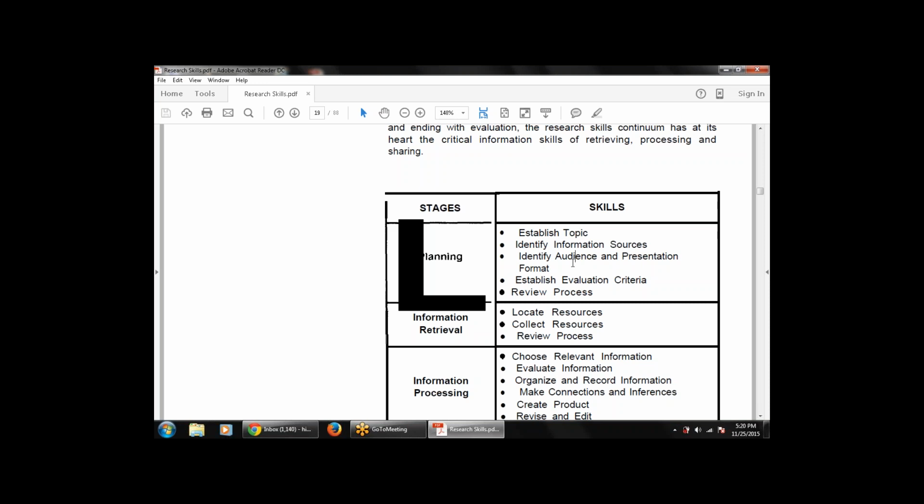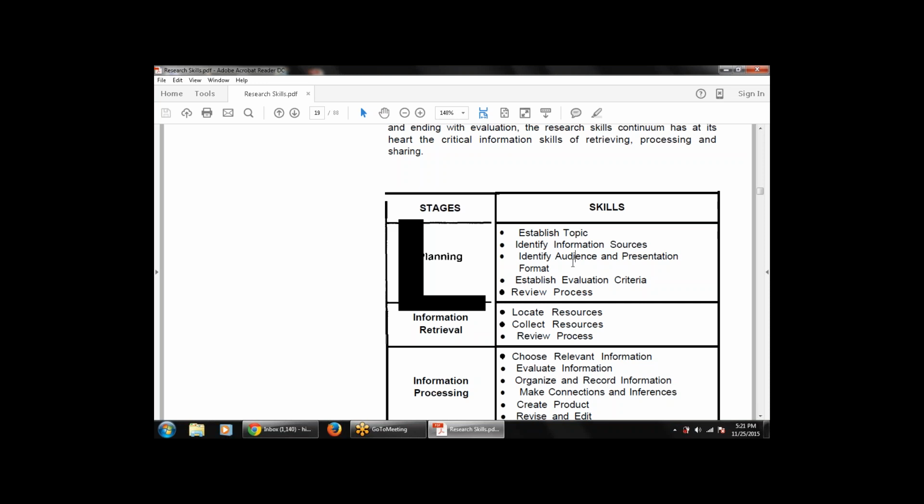Then at last is the review process. So first is establish the topic, then identify the information sources, then identify the audience and the presentation format, then the evaluation criteria, then the review process. So these are the various phases covered under the planning.